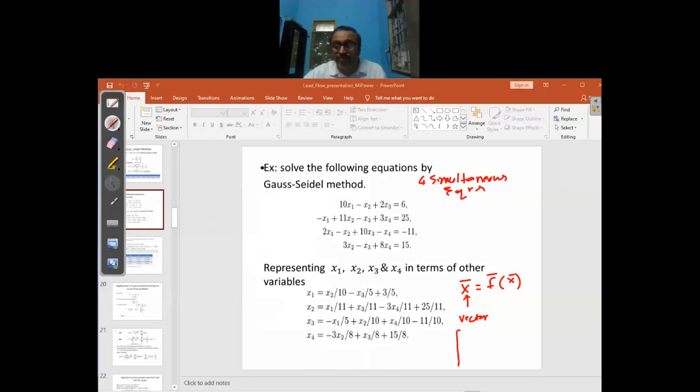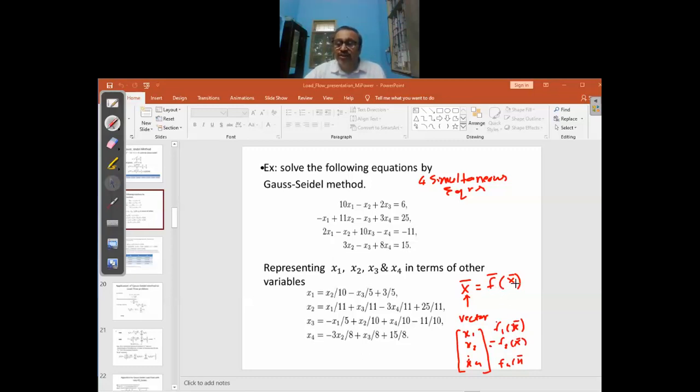consisting of x1, x2, x3, x4. And this is the set of functions which is f1 of x, f2 of x, and continuing to f4 of x. So that is why this is f1, f2, f3, f4.